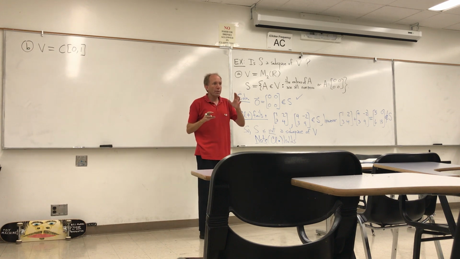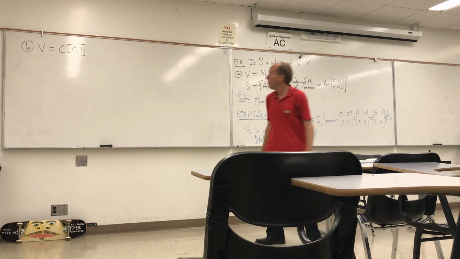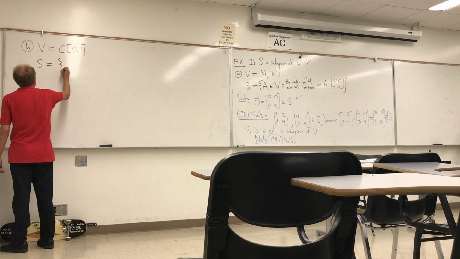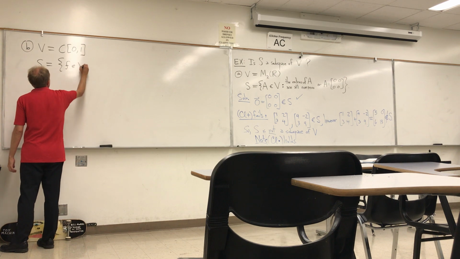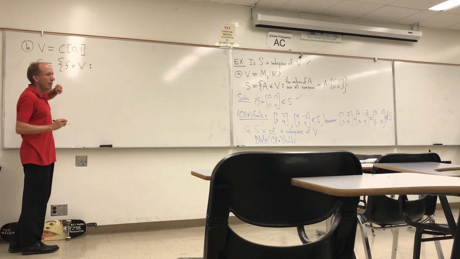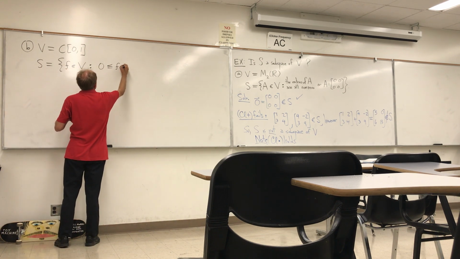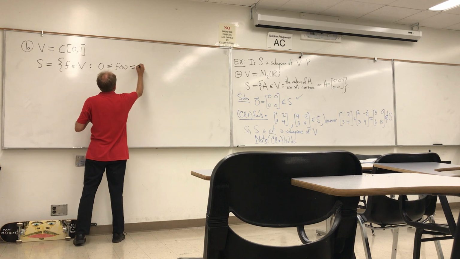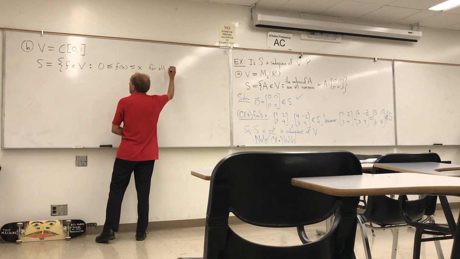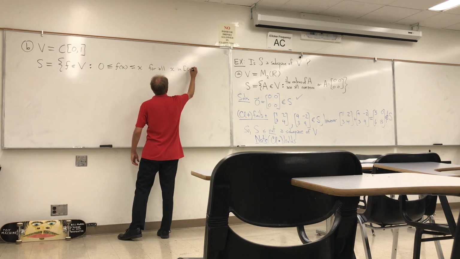This is the calculus functions that are defined on the interval from 0 to 1. And I'm going to let S be the set of functions in V, so I'll write it as f, an element of V, such that 0 is less than or equal to f of x is less than or equal to x for all x in the interval [0, 1].